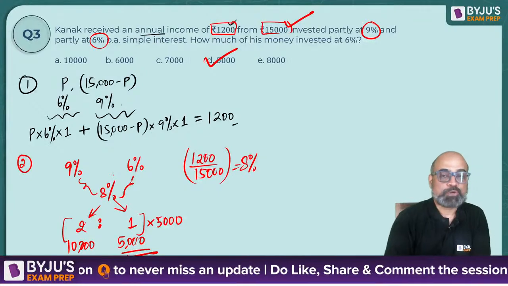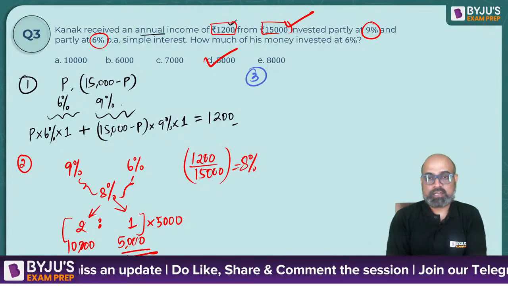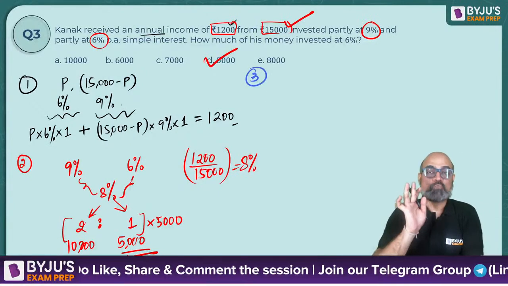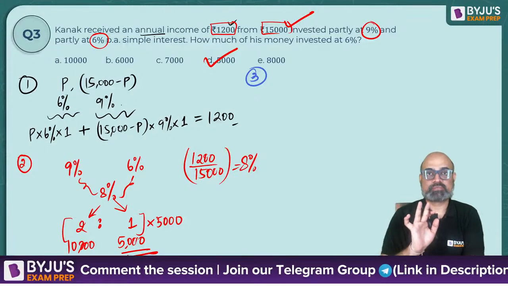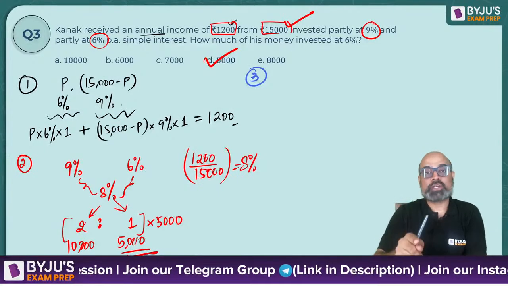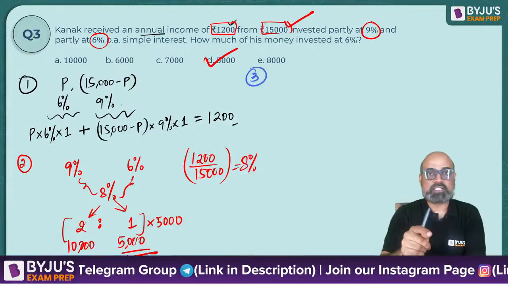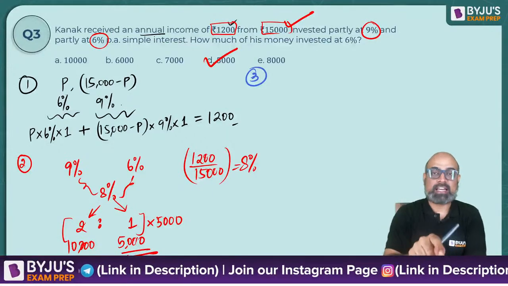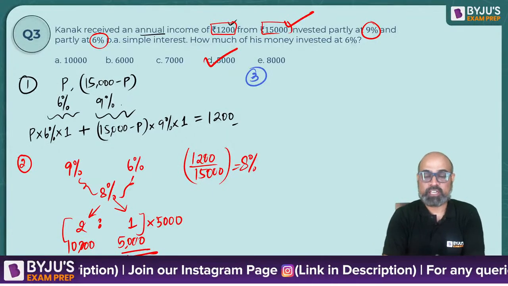There is a third approach. The third approach is more logical in nature. Okay. So in case you guys are not able to understand this, please revisit the video at this particular time. Okay.